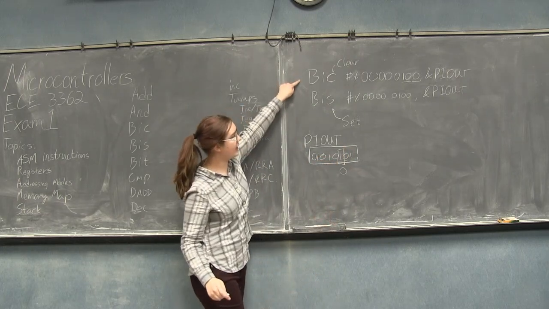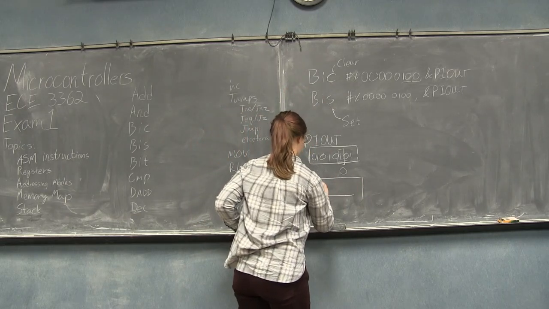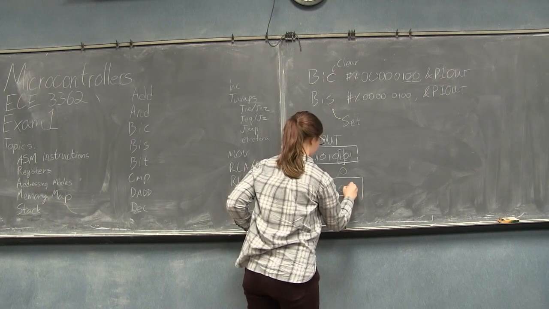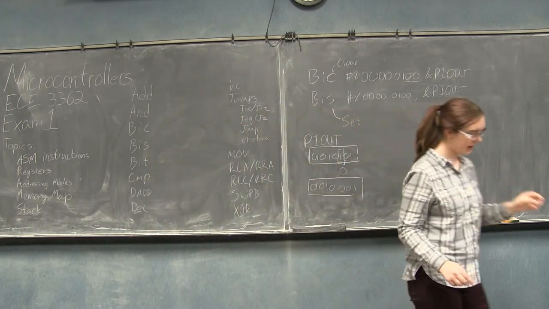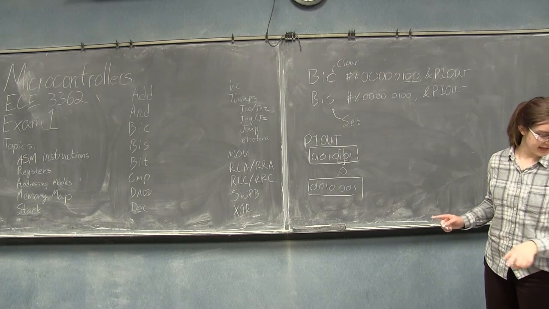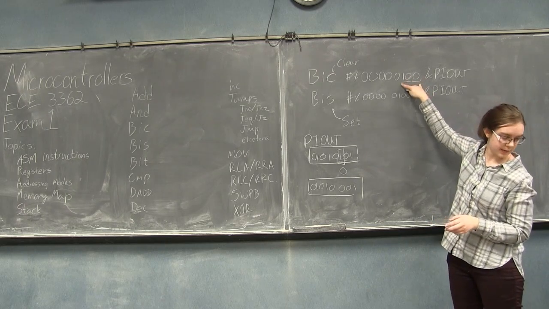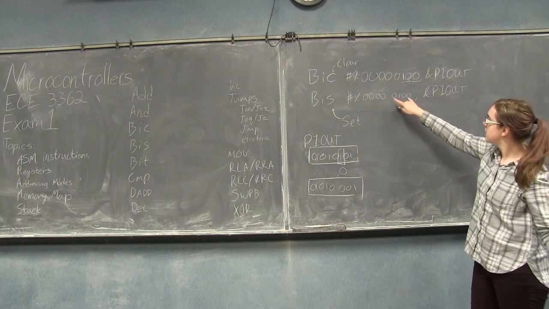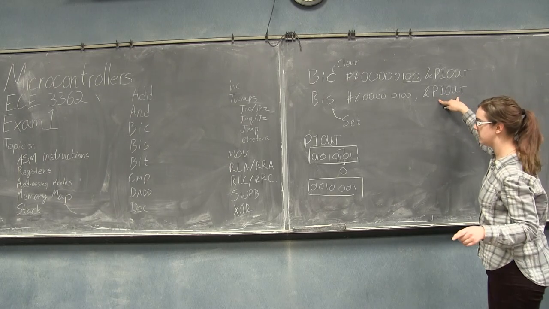So after this line executes, P1OUT is all the same except for that one bit. Because what it does behind the scenes is it's actually not just source and destination. It actually inverts this source and then logically ANDs it with the destination. And bit set is the source logically ORed with the destination.